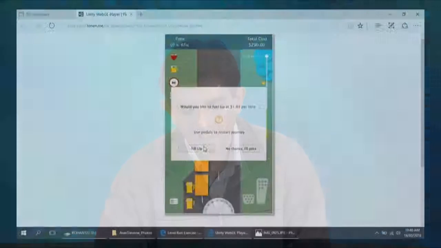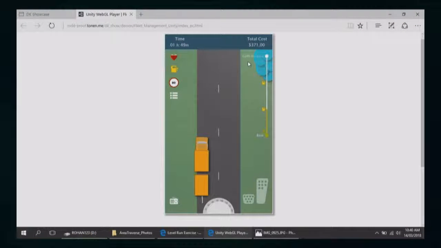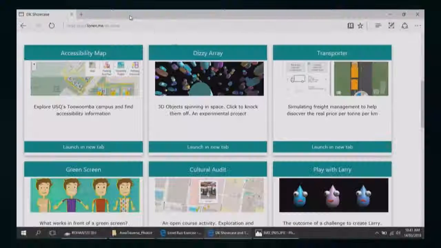Would you like to fuel up? Yes, if I add fuel, it'll add the cost. You claim your allowances and overtime during the night, and so on and so forth. So that's the second part, which is being done as a 3D animation in addition to this game, as an additional resource to make it easier for students to understand the topic.